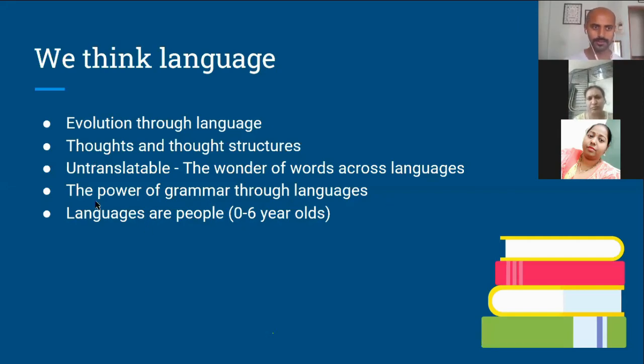Now, even the power of grammar. There are a few people when you say you met with an accident, or when you say an accident happened. In different languages, it translates differently. Some people will say, "Okay, I broke my arm."